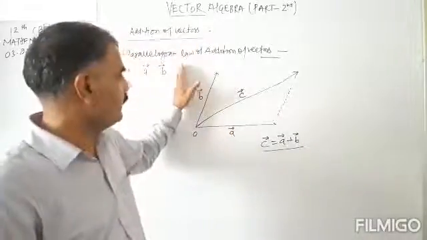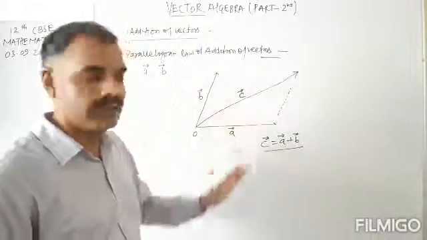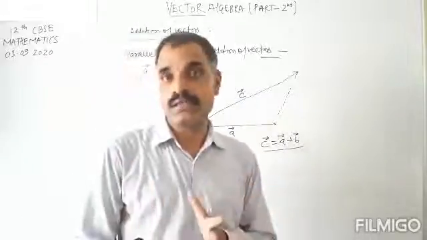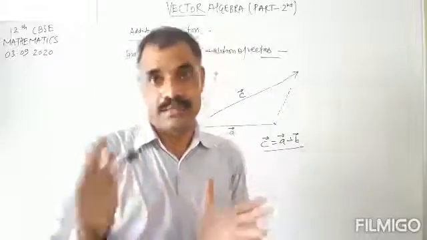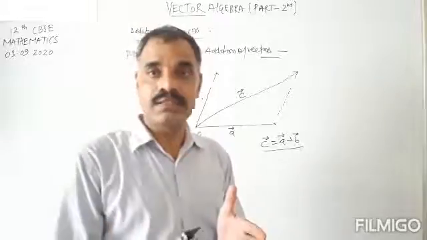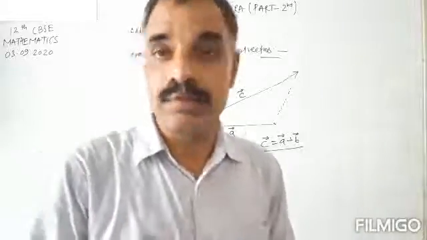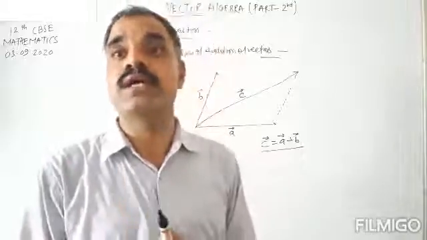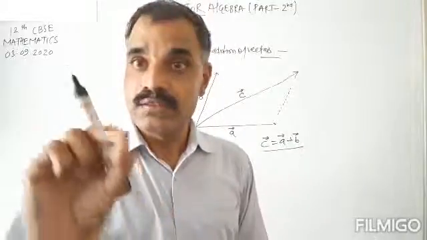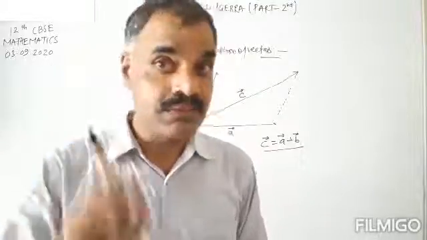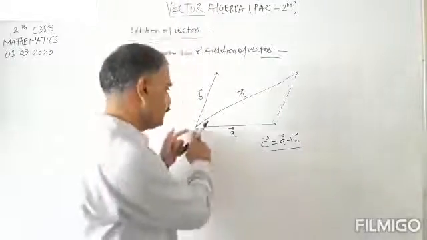If A vector and B vector are any two vectors, and these two vectors in magnitude and direction are representing any two adjacent sides of the parallelogram with the same initial point. This is important. The initial point is the same. So the initial point is this.